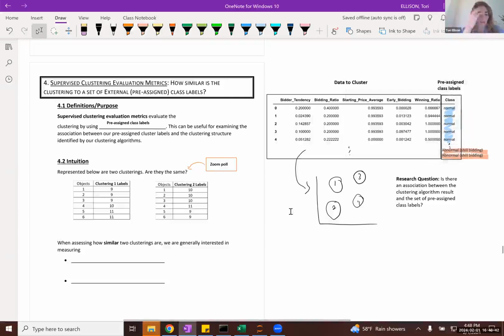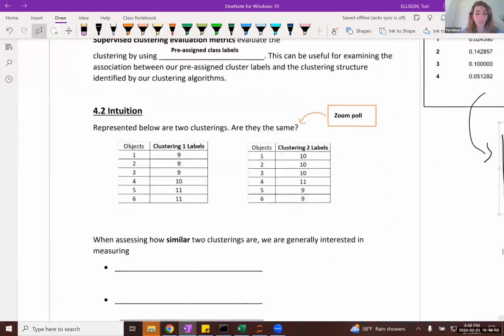Given that the cluster label that we assign with k-means actually doesn't matter, the task of evaluating whether a clustering and a set of pre-assigned class labels are the same is not going to be as simple as subtracting the two sets of cluster or class labels, or simply saying, is this label the same as this label?